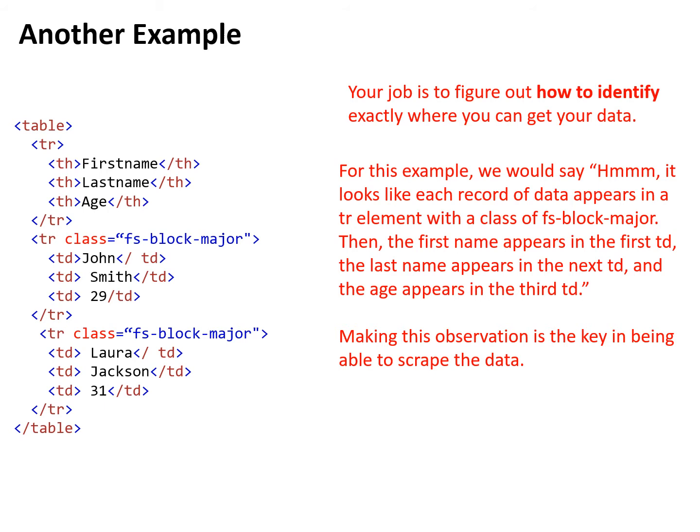Then the first name appears in the first TD, the last name appears in the next TD, and the age appears in the third TD. So again, that's the kind of thing that you would have to narrow down and be able to eventually tell the computer within a Python script. And being able to come up with describing where the data is like this is key in order to be able to scrape the data.